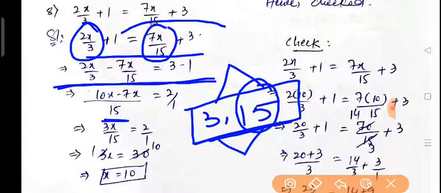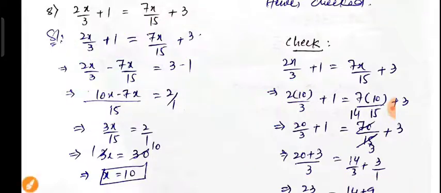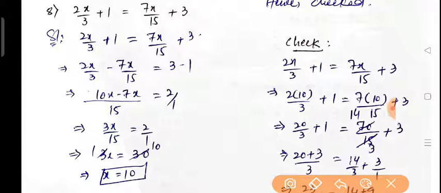Then I will find what I should multiply by 3 to get 15. Yes, you are right, we multiply 3 by 5, 3 into 5 is 15. The number which we multiplied in the denominator should also be multiplied to the numerator. In the denominator we multiplied 3 into 5, that is 15.